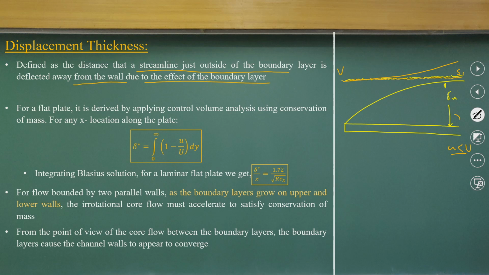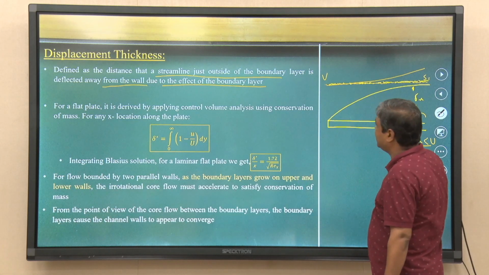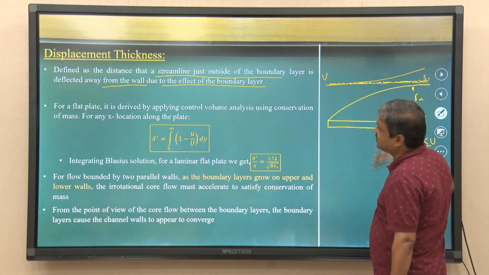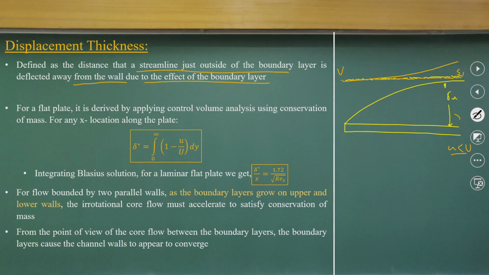Because of the boundary layer formation, the free stream just outside the boundary layer is deflected. That deflected distance of the streamline is what we call the displacement thickness.